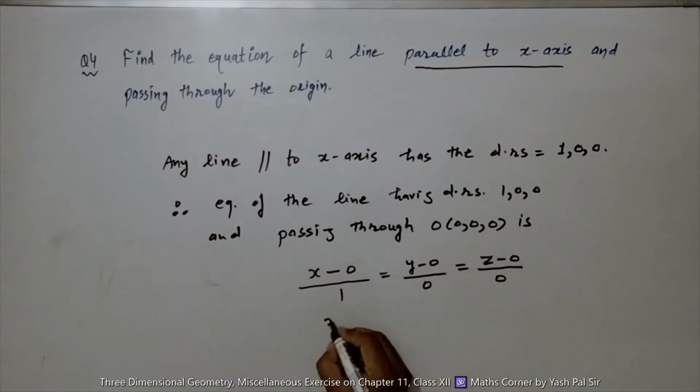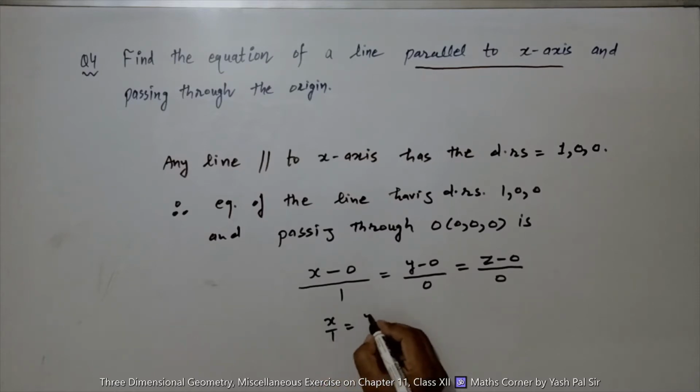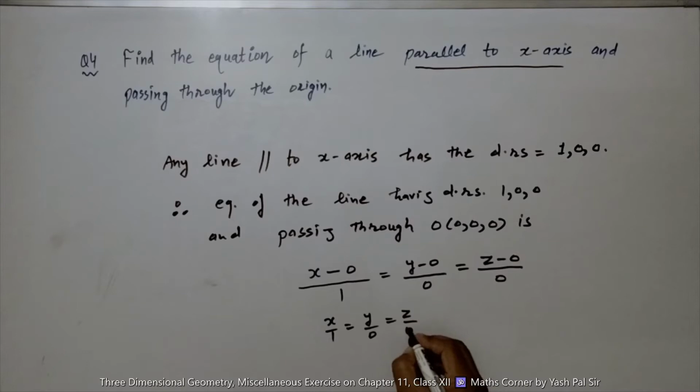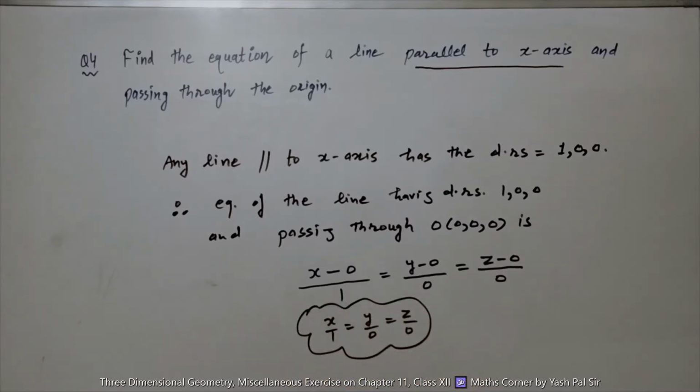So we say x upon 1 equal to y upon 0 equal to z upon 0 is the required equation of the line.